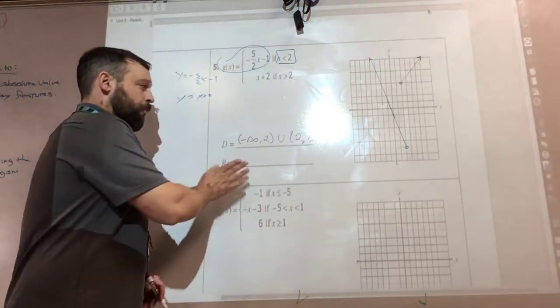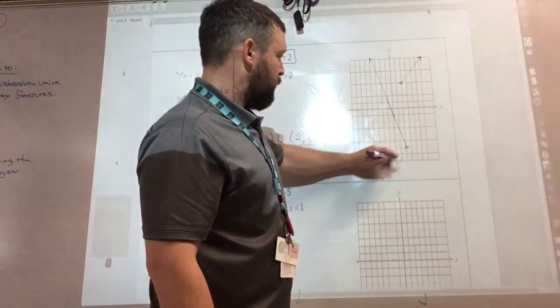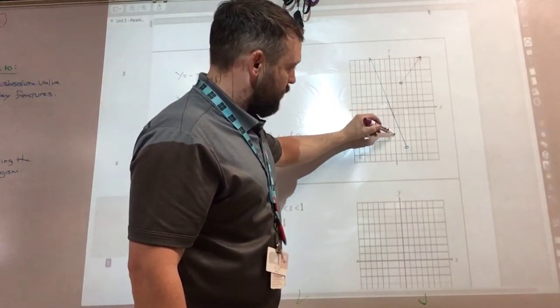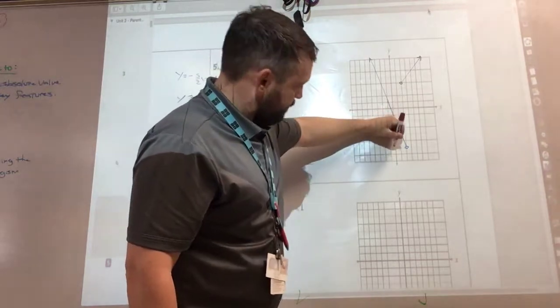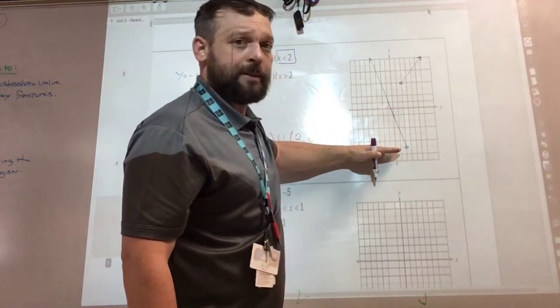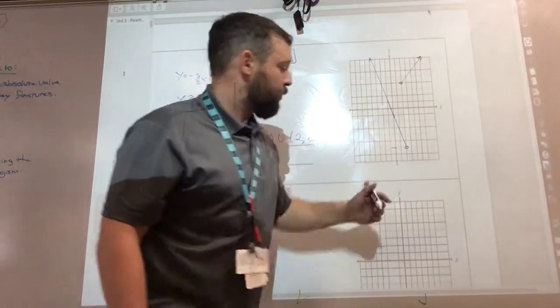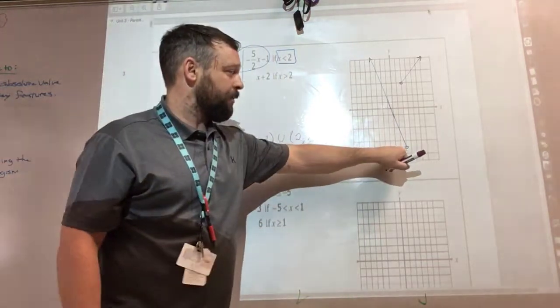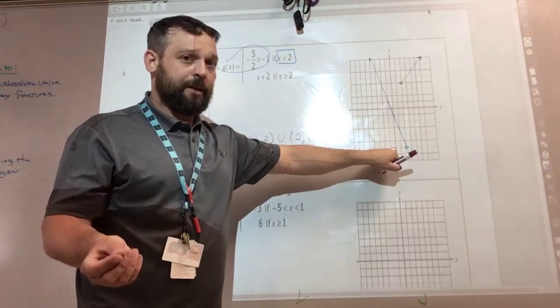Now, your range goes from lowest to highest, right? My lowest point is -6. Since it has the hollow dot there, I'm not going to include -6.